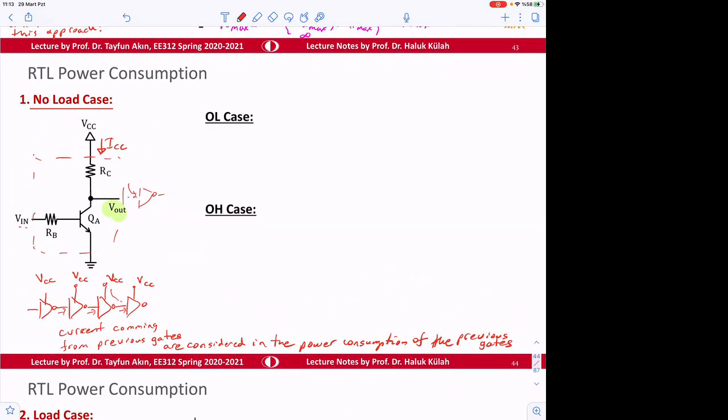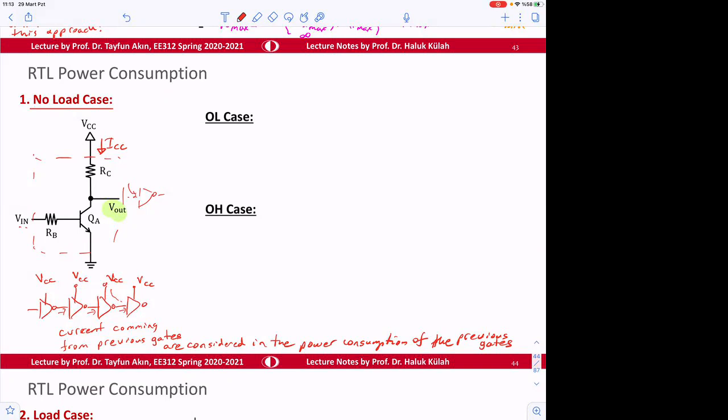If in the exam we say find the average power consumption, you can do it for no load case, but if you want, you can say, okay, I assumed it's driving one gate, so I calculated accordingly, okay? But typically we tell you, find the power consumption if this gate is driving two similar gates, for example, then you need to calculate accordingly.